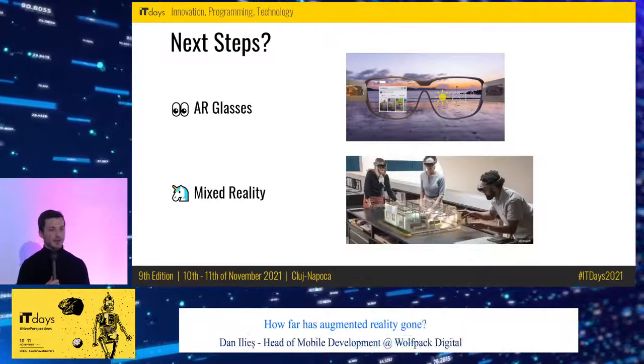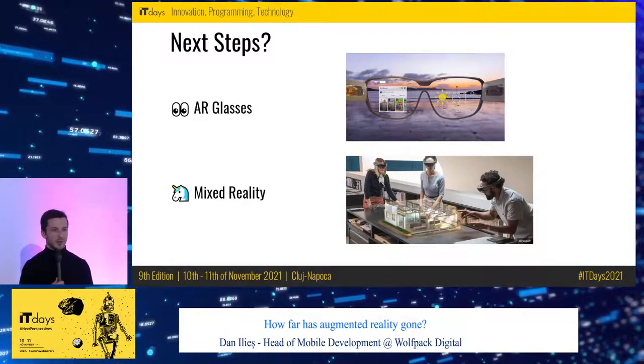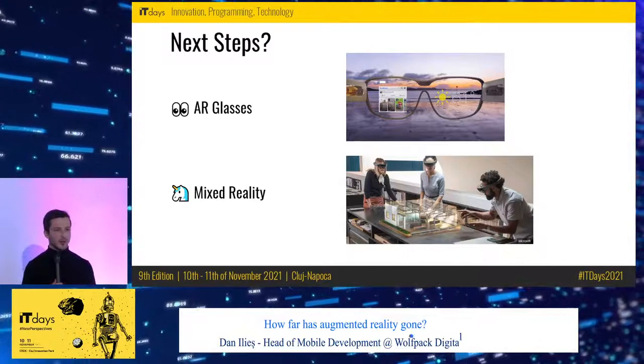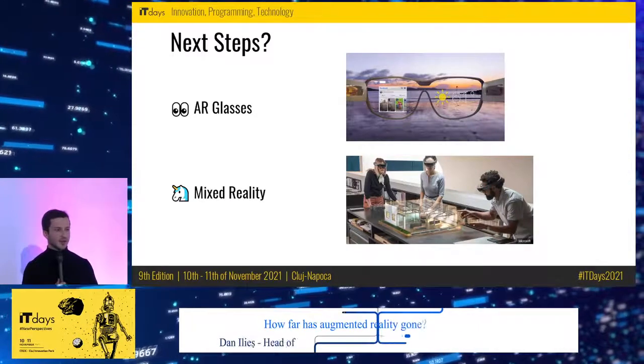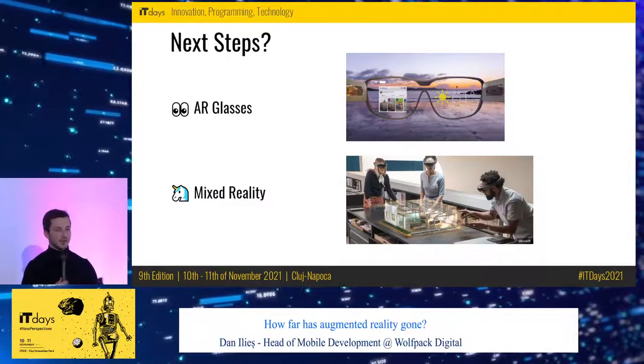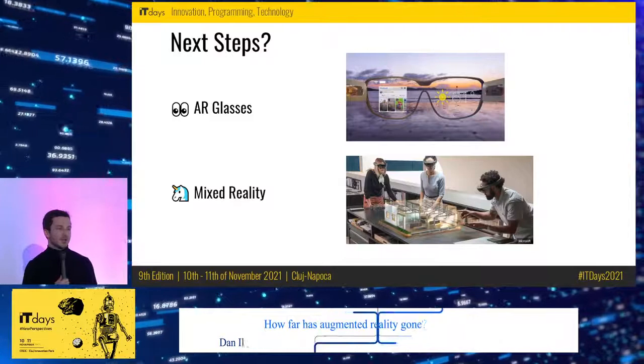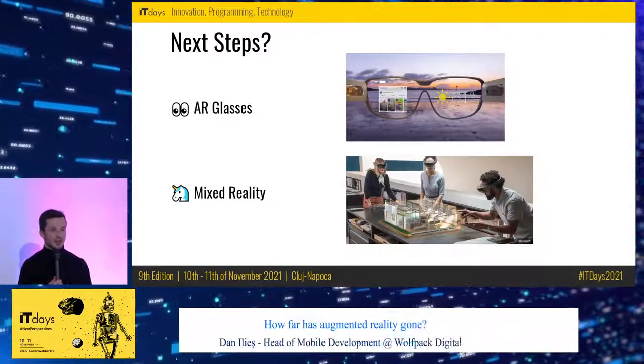And then if that becomes normal, then mixed reality is probably the next step, where it becomes natural for humans to have a mix of the real world and the virtual objects that are overlapping the world. So it looks like science fiction, but I think it's not that far.